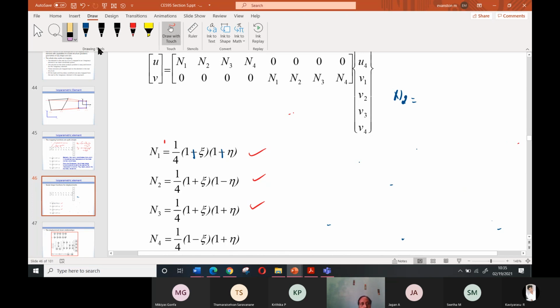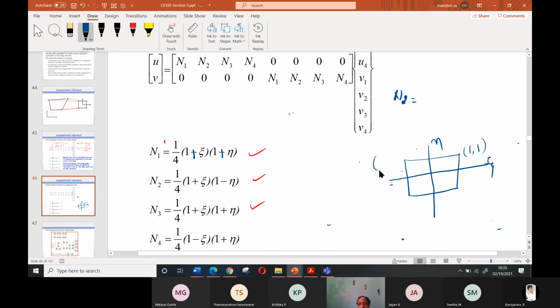So eta, this is xi, this is plus 1 and plus 1. This is minus 1 and plus 1. Then this is minus 1 and minus 1. This is plus 1 and minus 1.